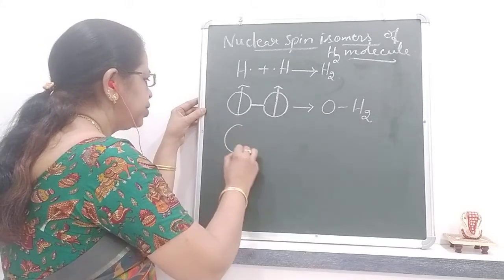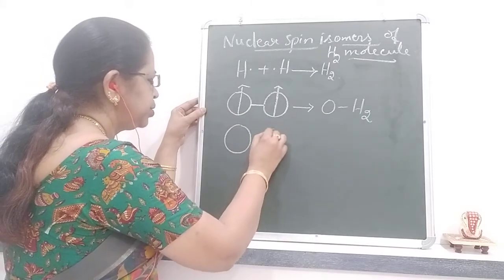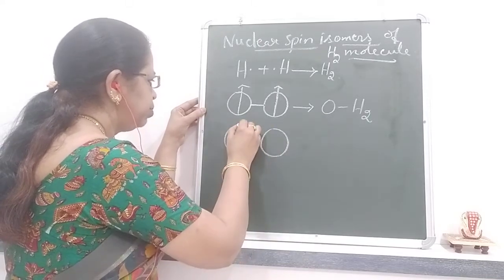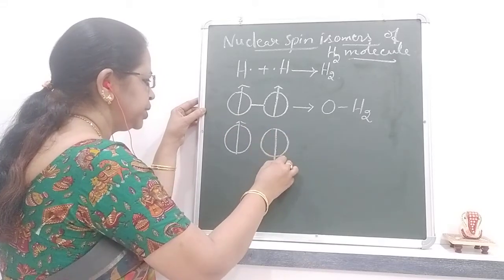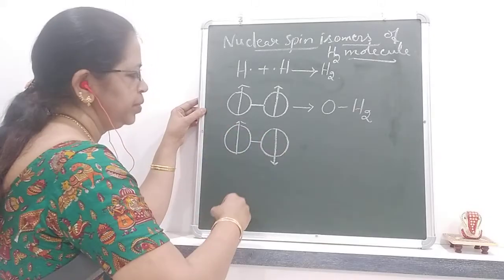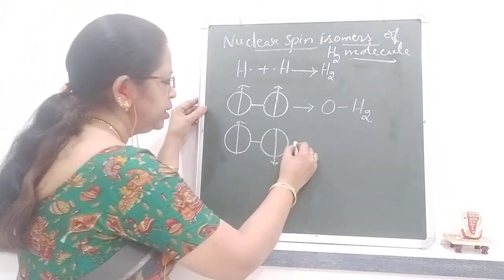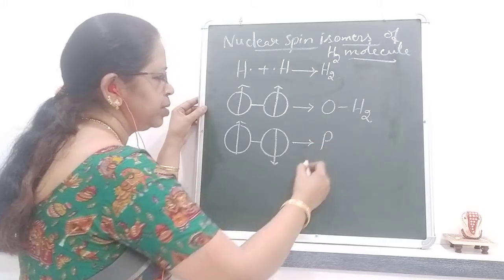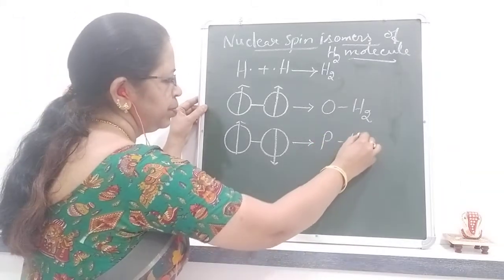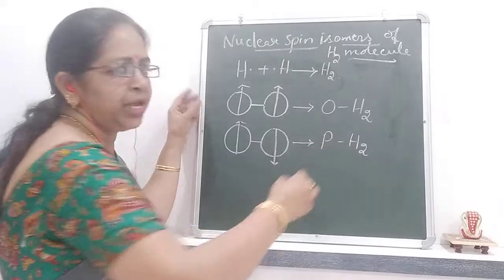And if these nuclear spins are opposite to each other, that means one pointing upwards and another pointing downwards, anti-parallel, then this isomer is known as the para isomer, denoted by pH2.